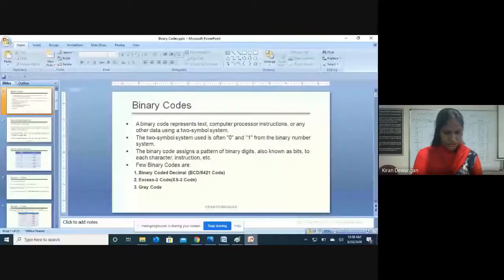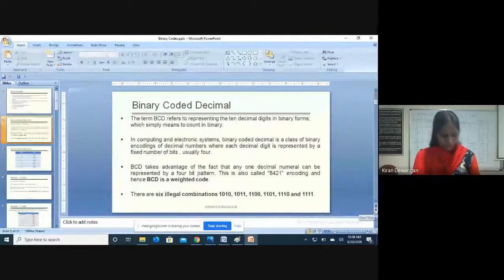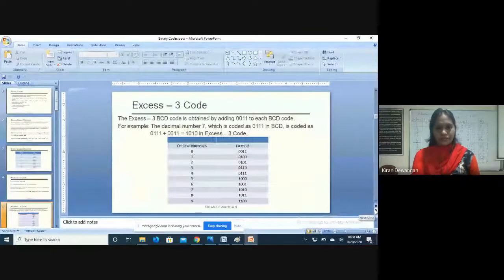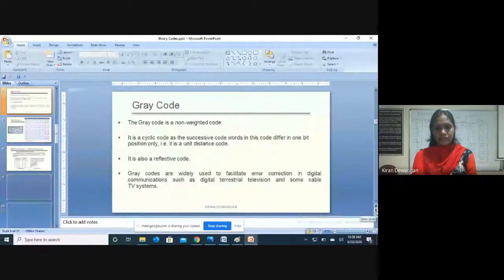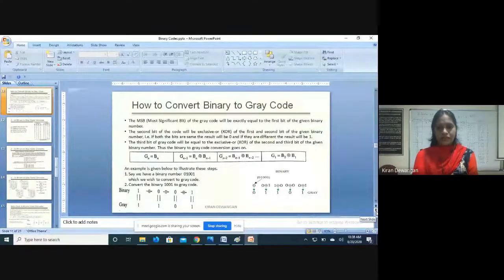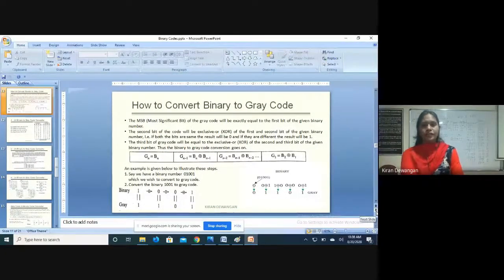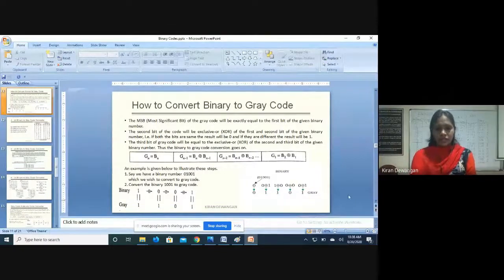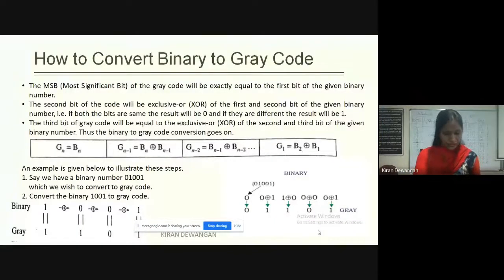Clear, everyone? Yes? Just reply if you are not clear. Is it visible? ये सब हमने कर लिया था. We were here. This I'll explain. This was how to convert binary to gray. Is this visible? Everyone?